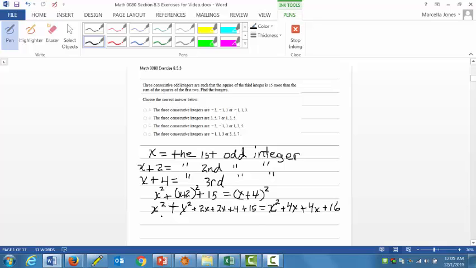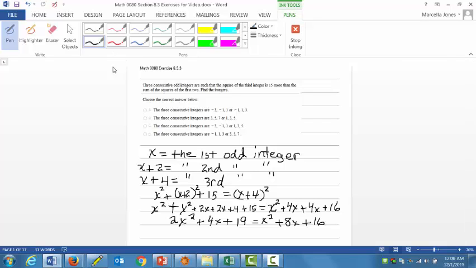All right, so x squared plus x squared is 2x squared. 2x plus 2x is 4x. 4 plus 15 is 19. And this is x squared plus 8x plus 16.